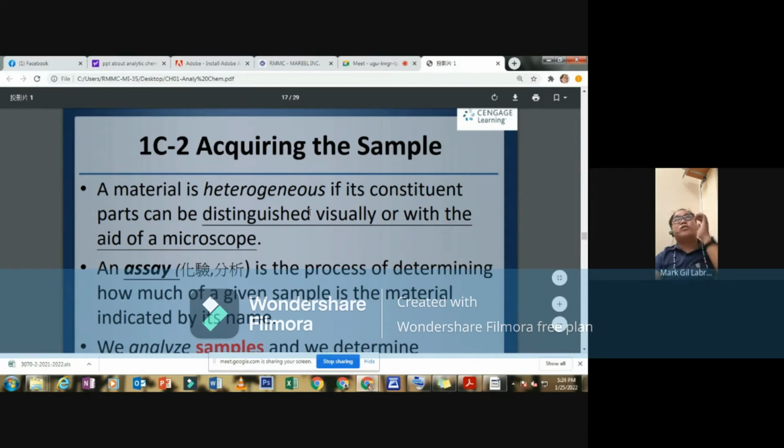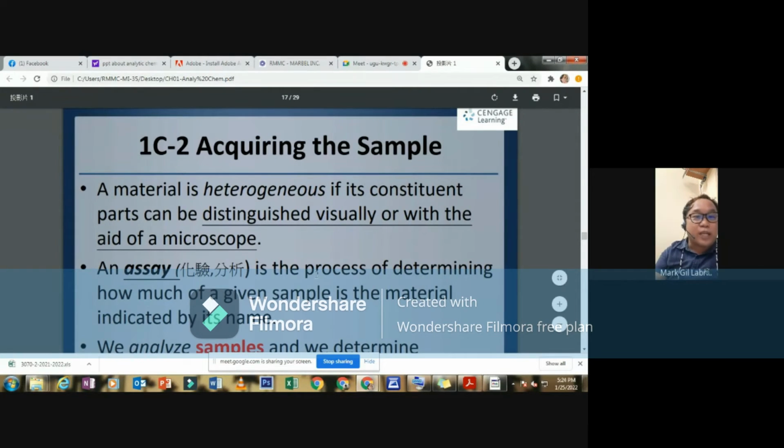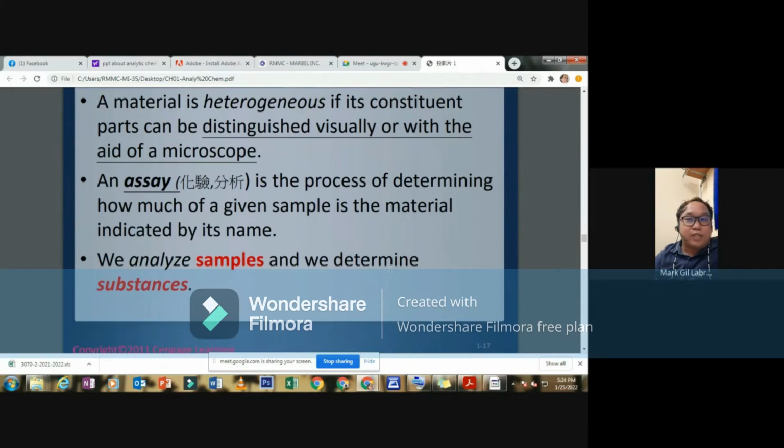So ito yung sinasabi natin na sa sample, meron talagang lumalabas na different, no? So the material is heterogeneous, meaning the constituent parts are distinguished visually or using the microscope. For example, a blood sample, dapat uniform sila, pero merong iba na nagre-result. Another thing is, an assay.